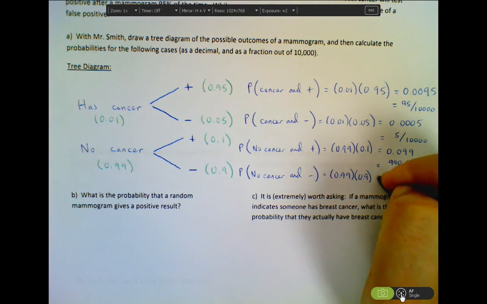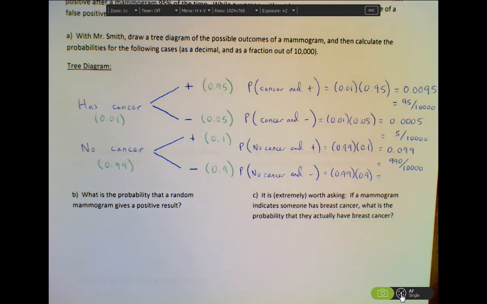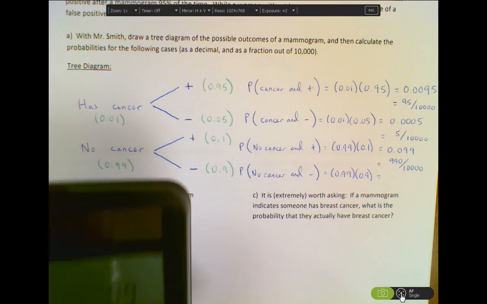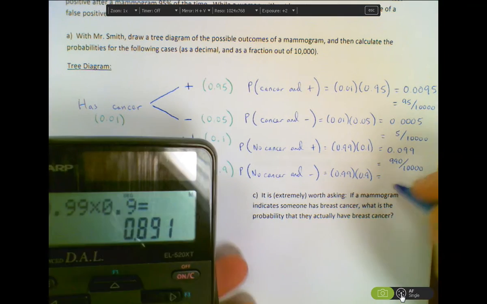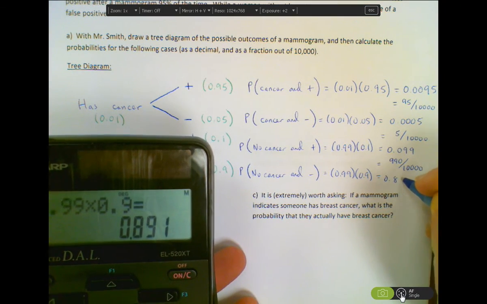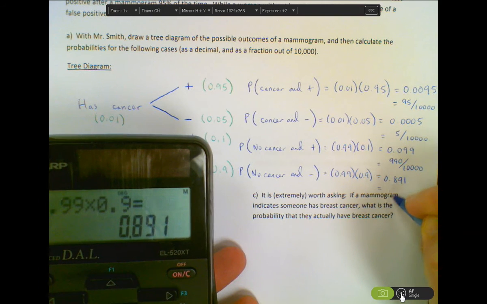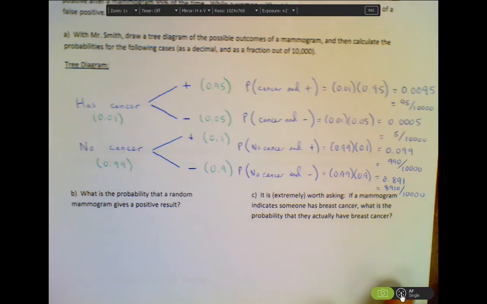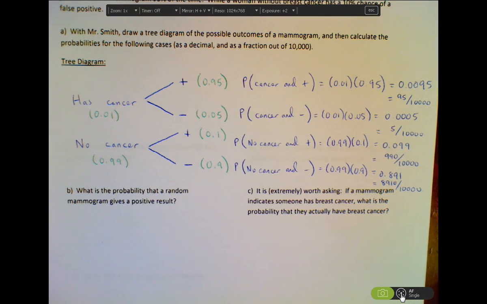So 0.99 times 0.9. That's 0.891, which is 8,910 out of 10,000, squeezing all those guys in there. And you can add up those probabilities and make sure that they add to 1. And if you double check, you'll see they do add to 1.